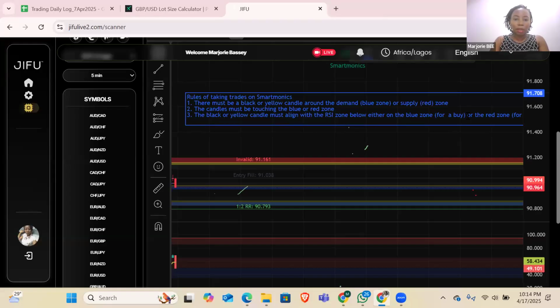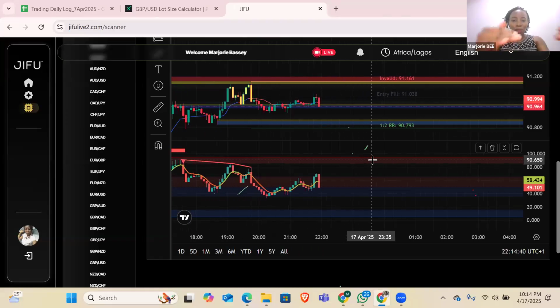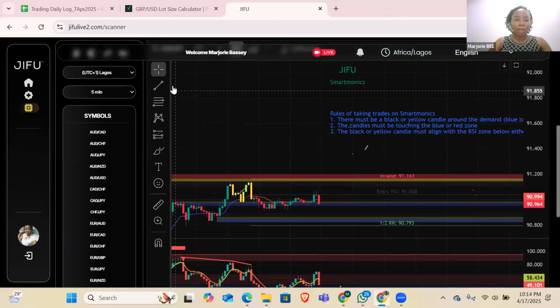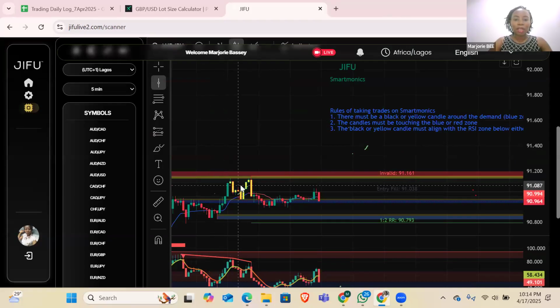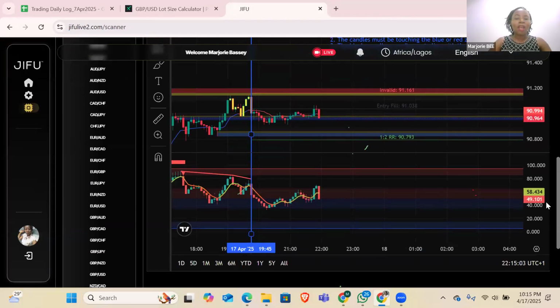So where is the RSI zone? I told us before, the RSI zone is this other part of the chart below. That's the other half of this whole interface. So this is the RSI zone. Let's look at the yellow candle again and see if it aligns with the direction of the candle in the RSI box.